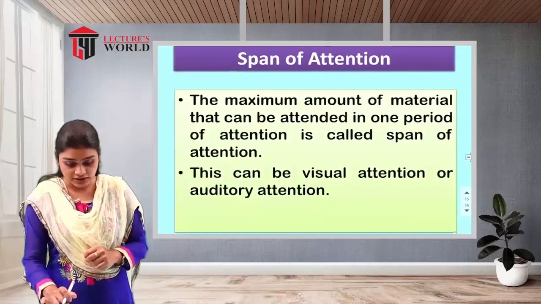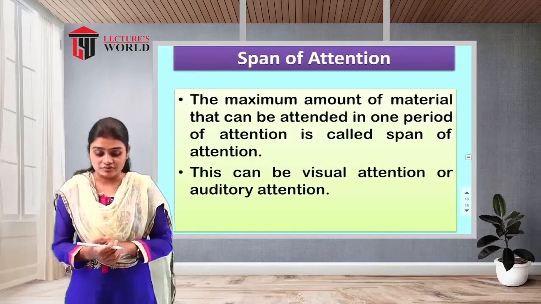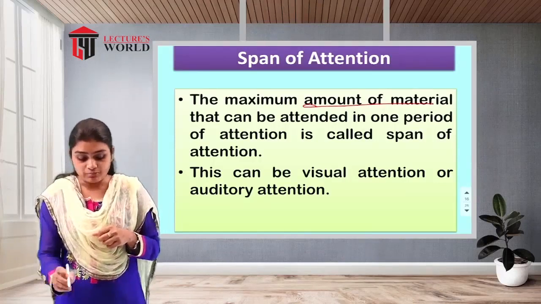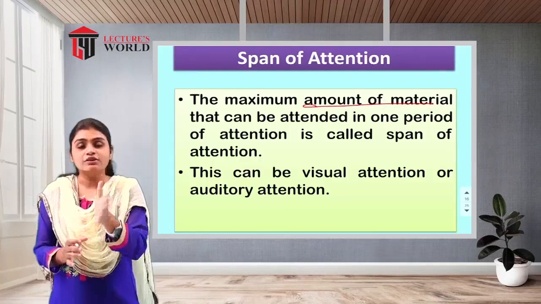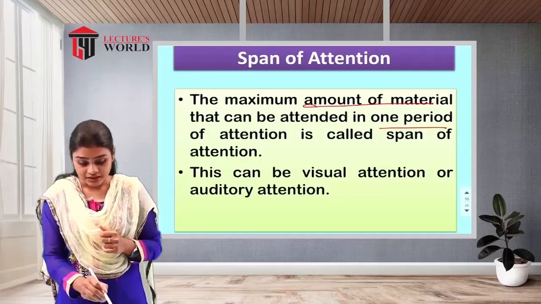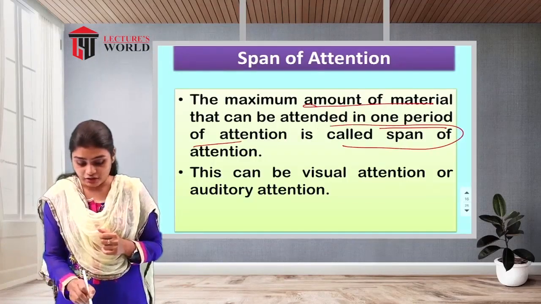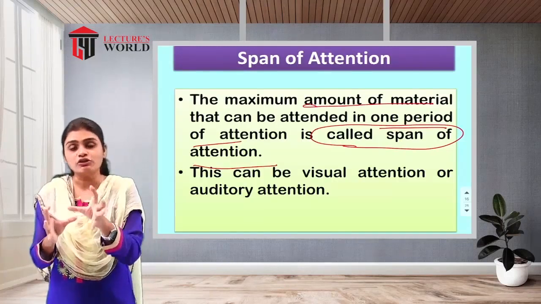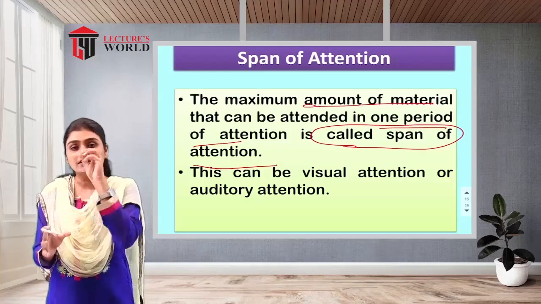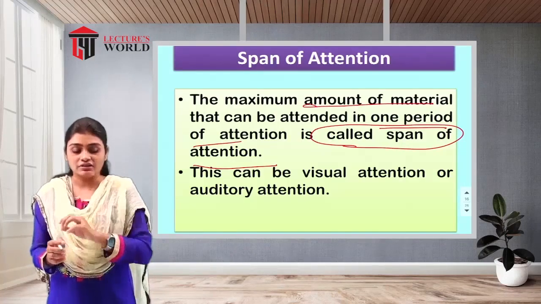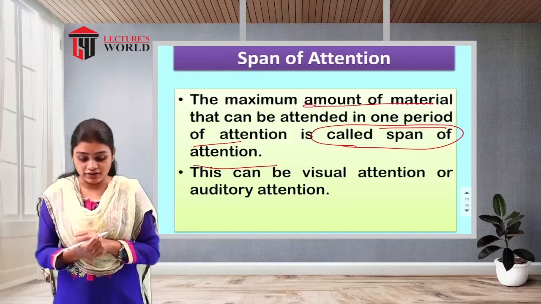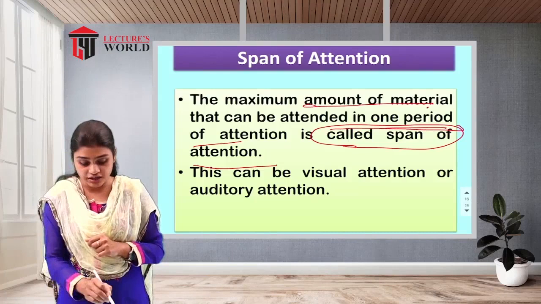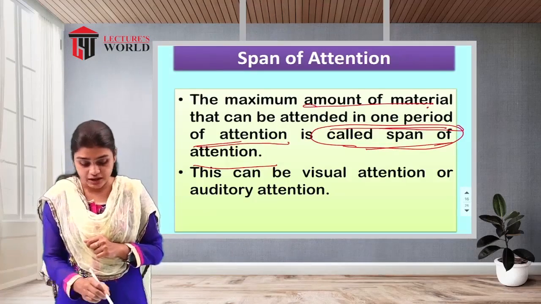The first one is the span of attention. The attention span means the maximum amount of material that can be attended to at one time. The amount of material that can be attended in one period of attention is called span of attention.